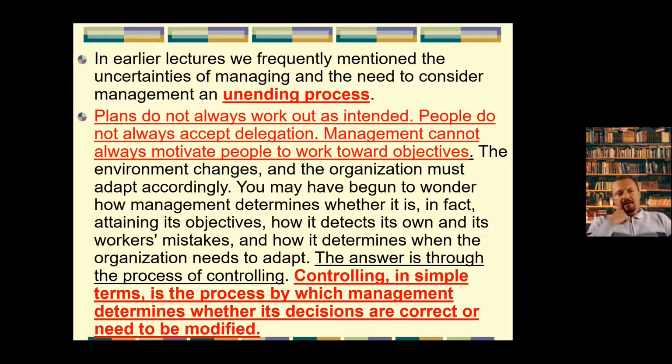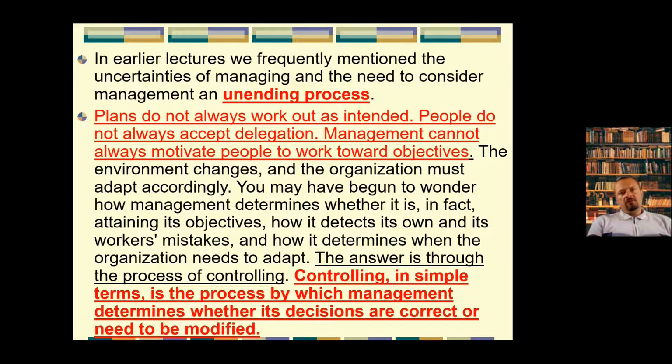Yes, if speaking chronologically, we can say that first of all, we have to create a strategy. We have to set objectives. It is the result of the planning function. Then we have to define organizational structure, and we have to delegate all the tasks to the subordinates.